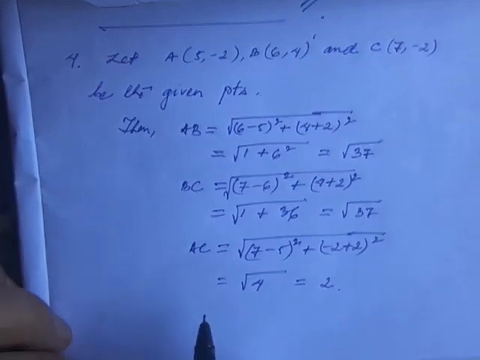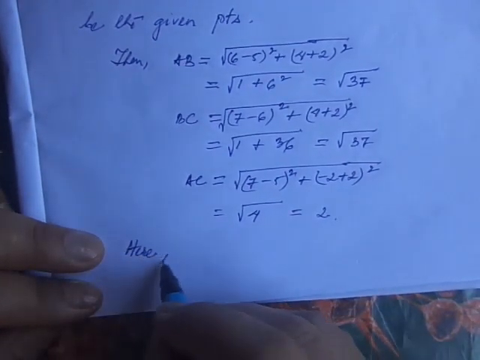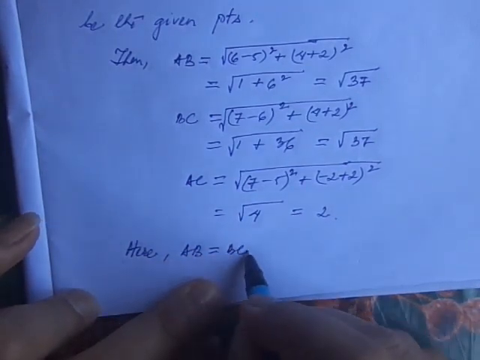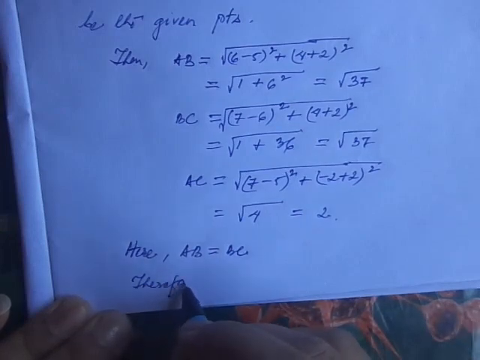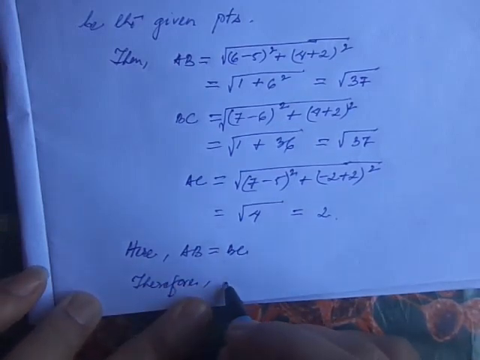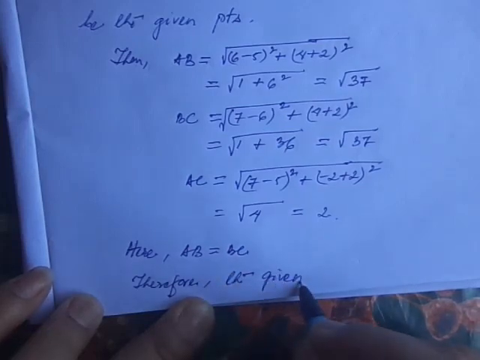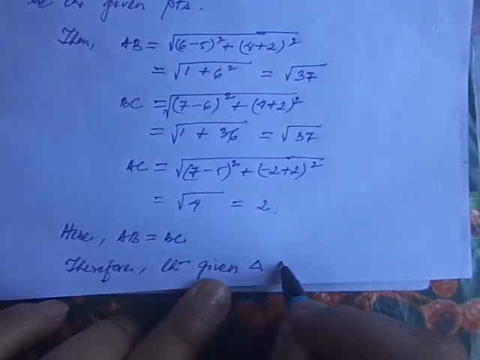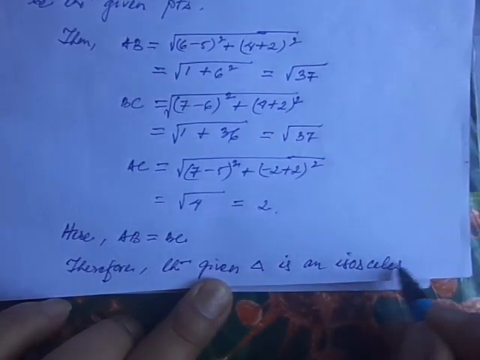That means AB equals BC. Therefore the given triangle is an isosceles triangle.